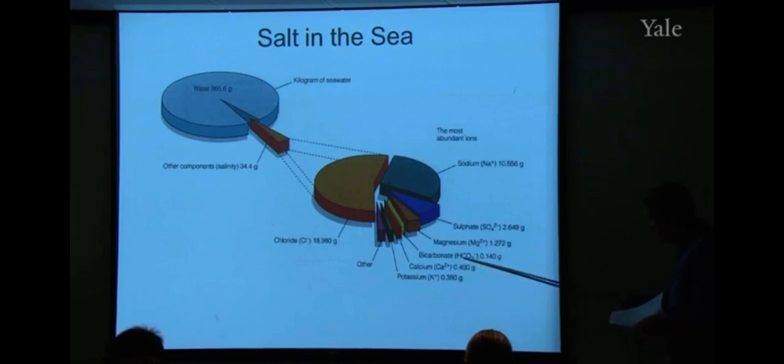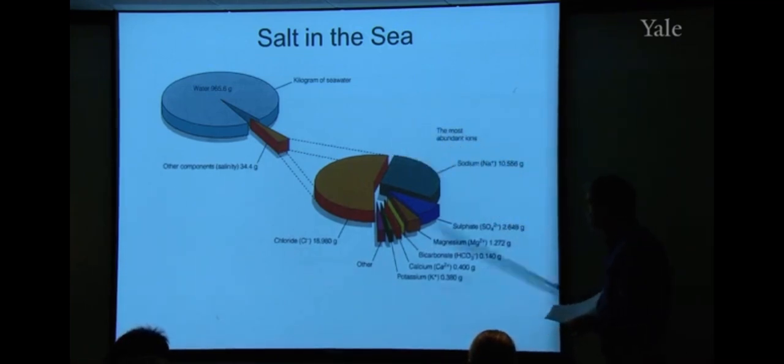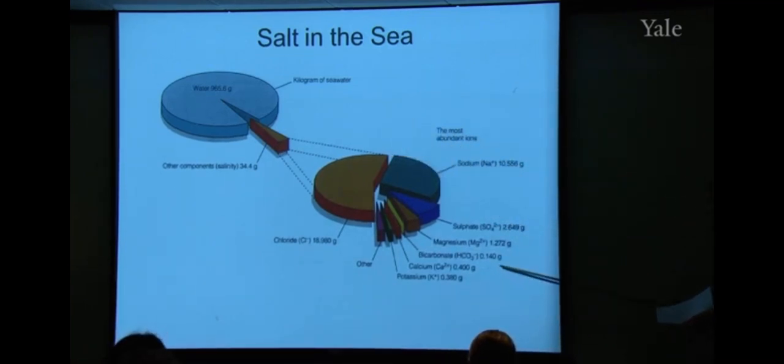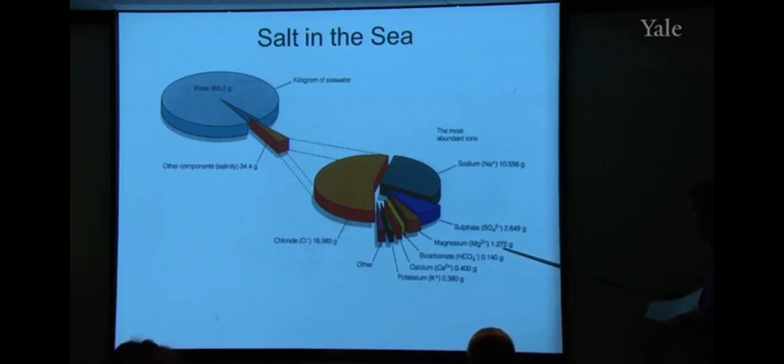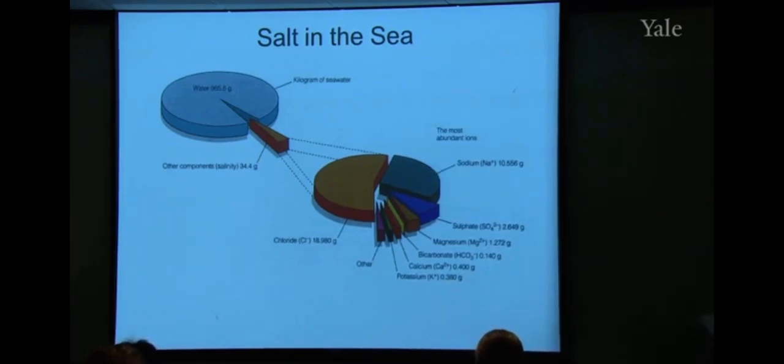So you might want to compare these numbers that I have here in lecture, the 10.56 grams per kilogram of seawater, the 1.27 for the magnesium, 0.4 for calcium, and 0.38 for potassium with the values you have.